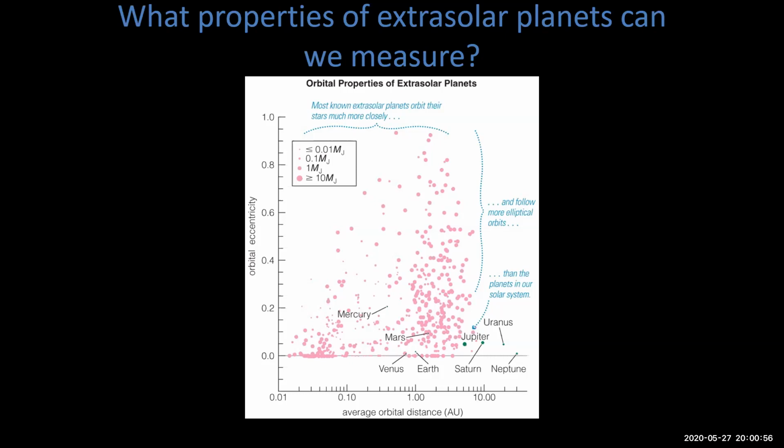And when you're further away from the star, you have a wider range of possibilities. You could be very circular, or you could be very elliptical, especially that high eccentricity, that highly elliptical orbit is possible only when you're further away from the star.